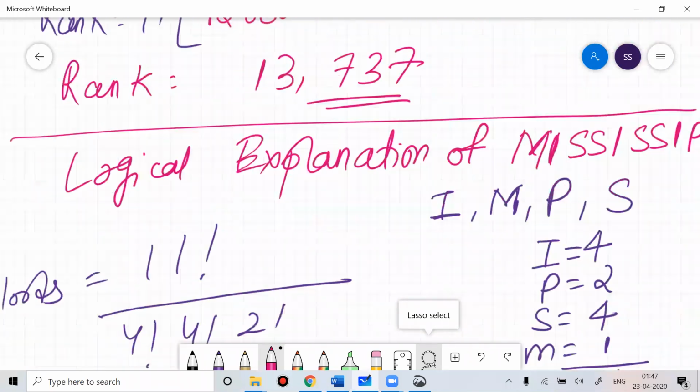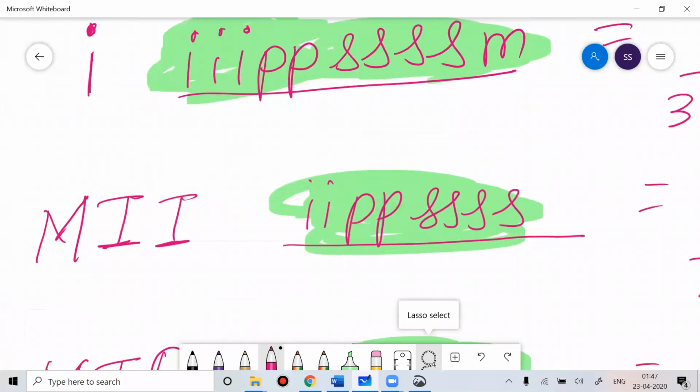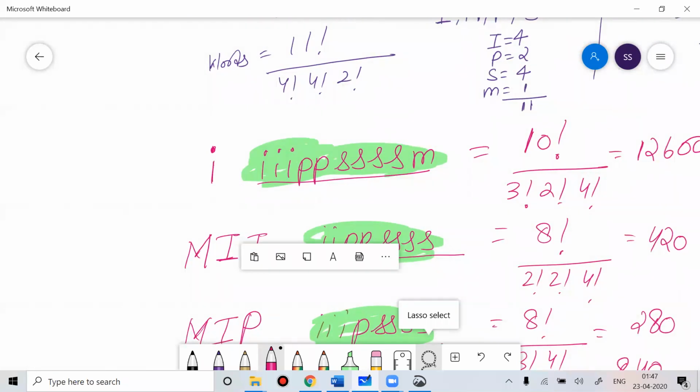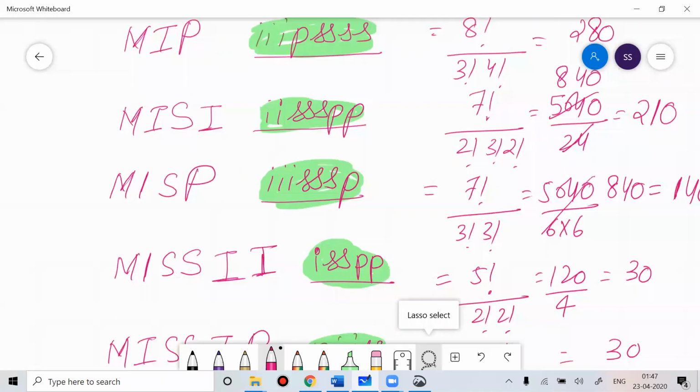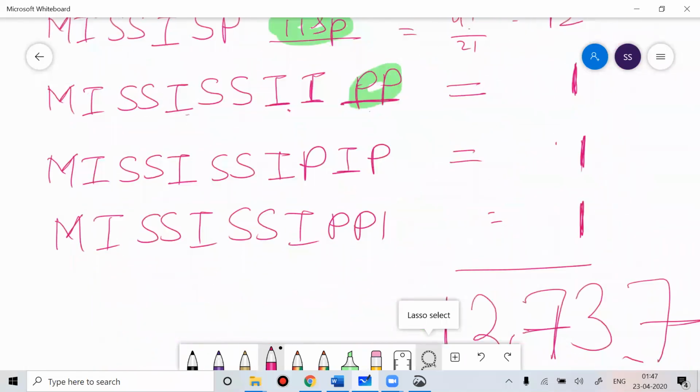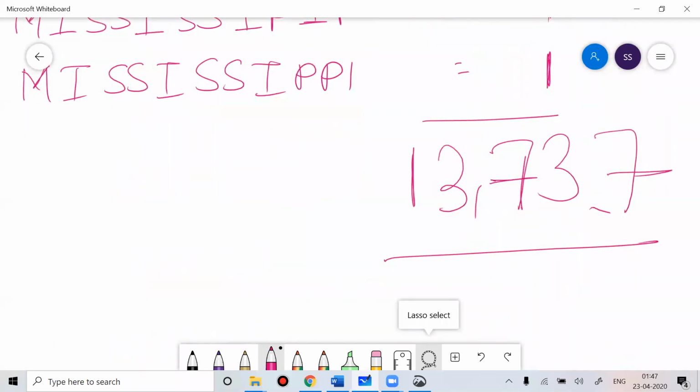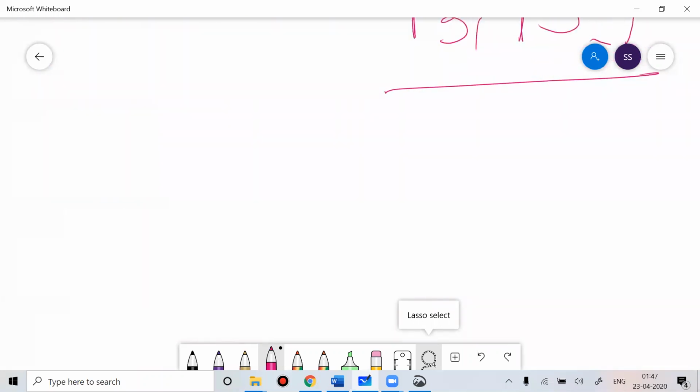That is a little bit complicated, so it will take a lot of your time to do this one by one. And finally you'll get the answer 13,737. So guys, I hope you enjoyed this session and it was learning for you.